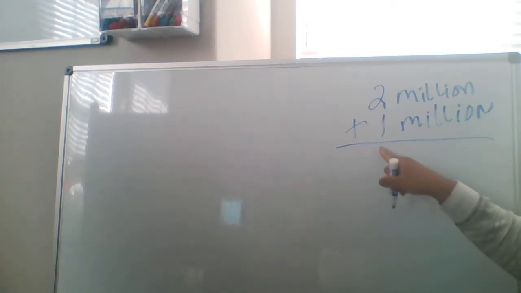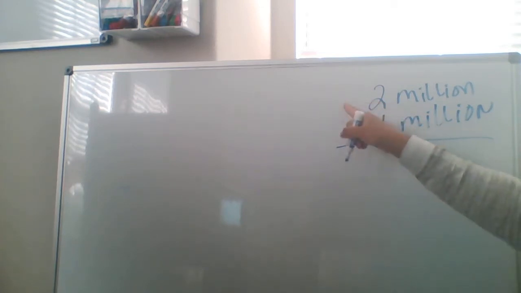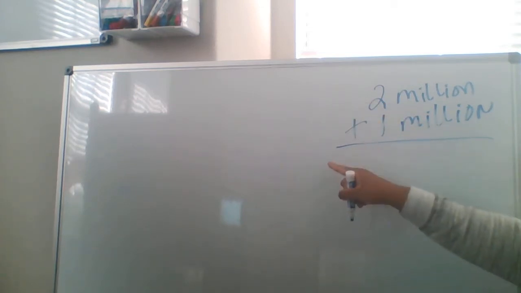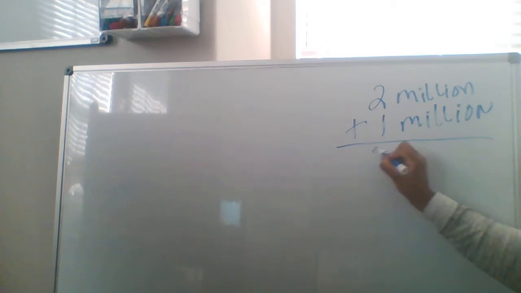They know what 2 and 1 looks like. So they're using their fingers, their manipulatives or their blocks to put each individual part together, and they're saying 2 blocks plus 1 block equals 3 blocks. And since we're talking about million, then we're talking about 3 millions. So 2 million plus 1 million is 3 million.